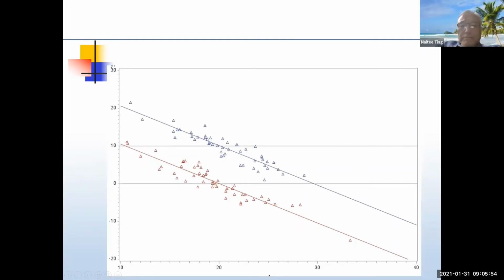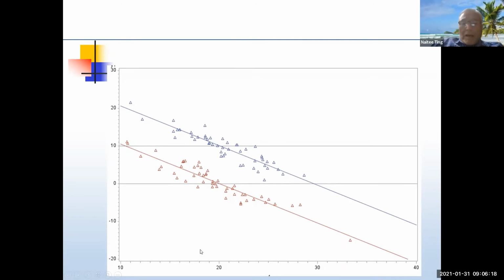In this case, I have x being my baseline and y being change from baseline. Like I said, it's a negative slope. The test drug lowered blood pressure more than the placebo did. All these patients are placebo patients, and all these patients are test drug patients.